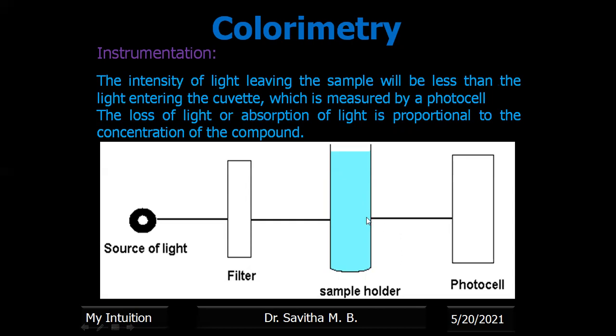That means the transmitted light intensity will be less than the incident, because there will be chemical species in the sample which will be absorbing the radiation. The loss of radiation, or absorbance of light, is proportional to the concentration of the species in the sample. This is recorded in a photocell.